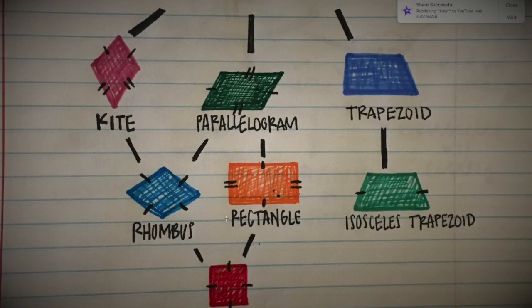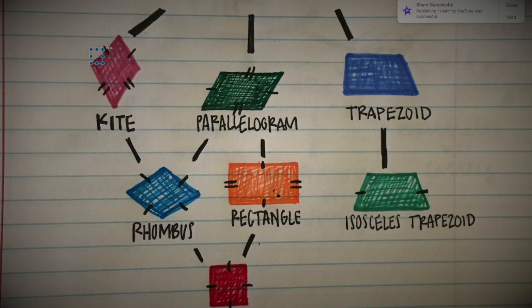Well, let me ask you this. Would a rectangle be a kite? Okay, so we always follow our lines back up, and there are no upward lines to connect it to our kite. Now remember, a kite has two pairs of sides that are adjacent or next to one another that are equal to each other.